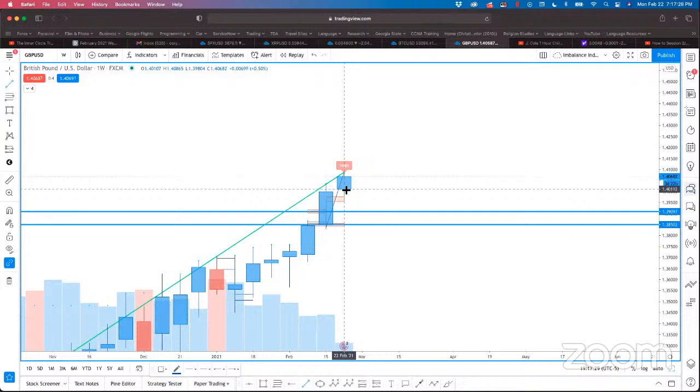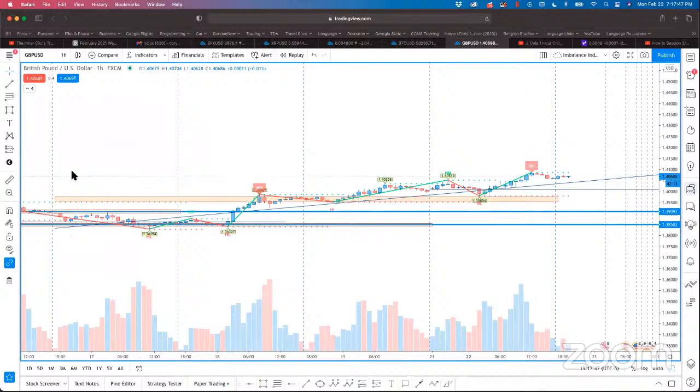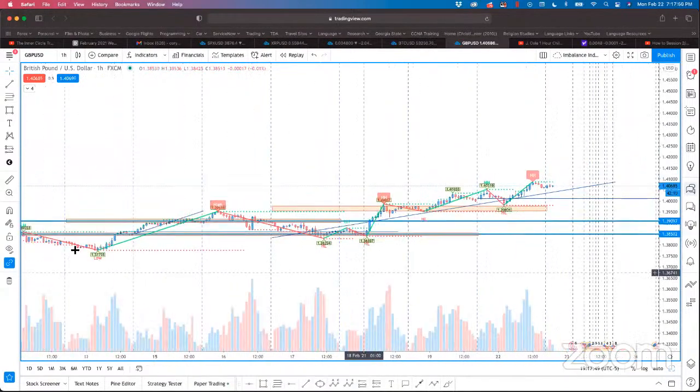If I go from here to the next week, which is right here, first, that's going to cover my whole week right there. So now when I go to the 1 hour chart, this line is drawn out the whole week.